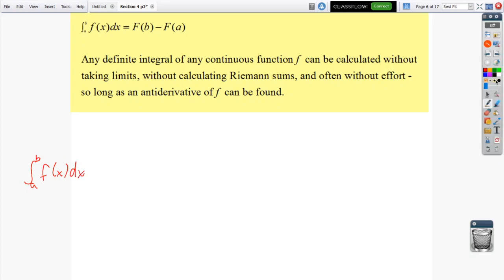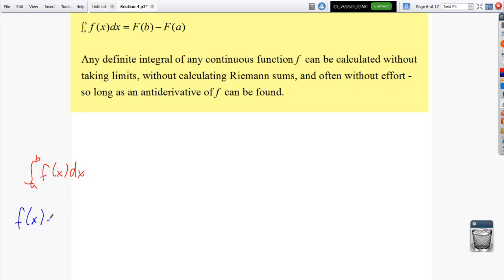In order to find my integral, I need to calculate my antiderivative. So below here, I'm going to say lowercase f of x implies capital F of x. The actual antiderivative would have to include my plus c, right? So I'm going to have plus c.